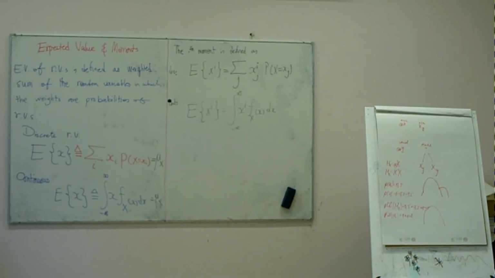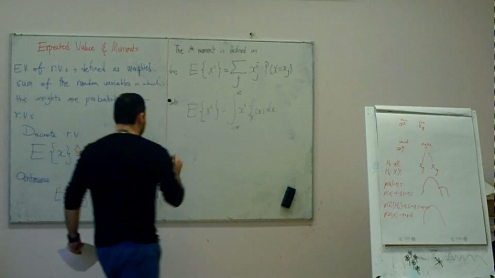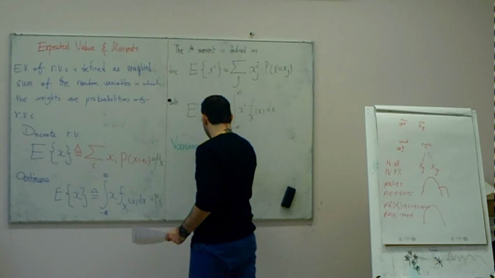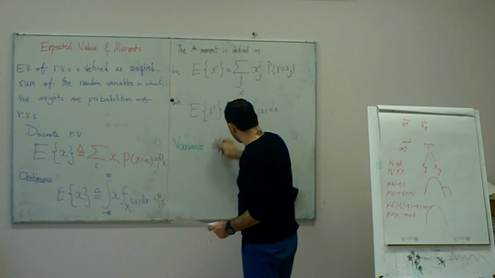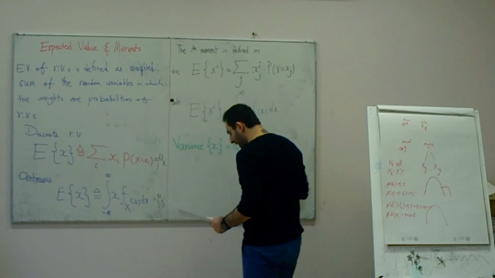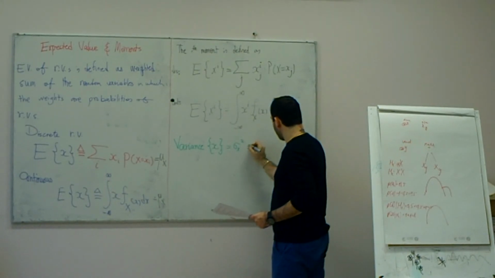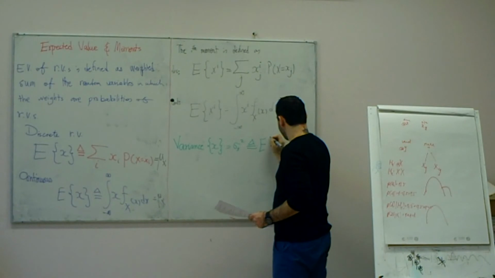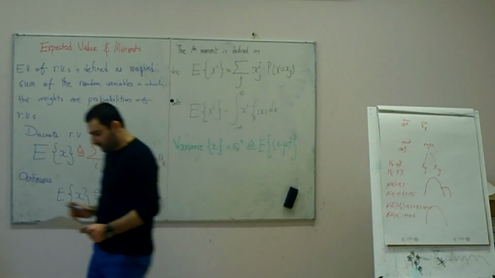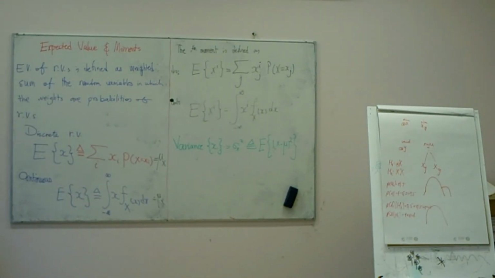Now I want to define something else, and it is the variance of x, which we show as sigma squared. This is the definition of the variance.